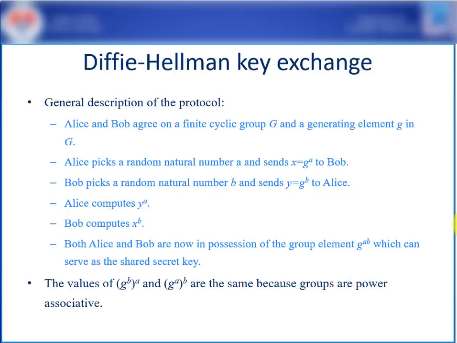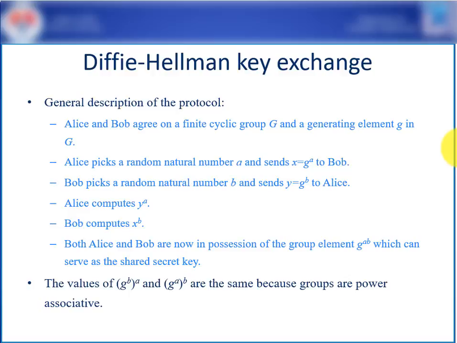Now let us consider another example of a simple key agreement protocol. This protocol is called the Diffie-Hellman key exchange. The Diffie-Hellman key exchange algorithm is also based on the discrete logarithm problem. So we work with a finite field and its generating element G. Suppose that Alice and Bob want to agree on a key for a symmetric encryption scheme.